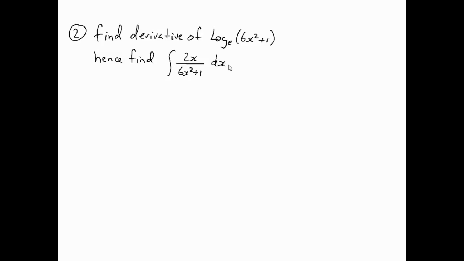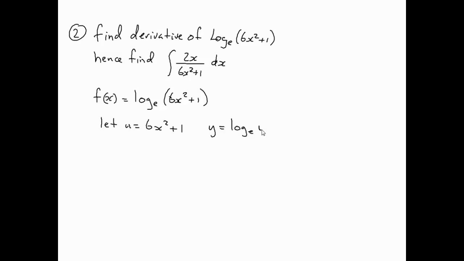Now, the first thing is to find the derivative. The function of x equals log to the base e of 6x squared plus 1. I recognise that as a function of a function. So I'm going to let u equal 6x squared plus 1 and y is going to equal log e of u.